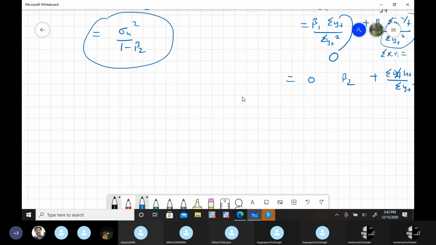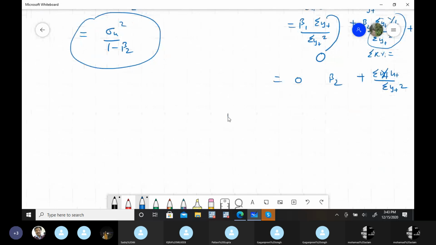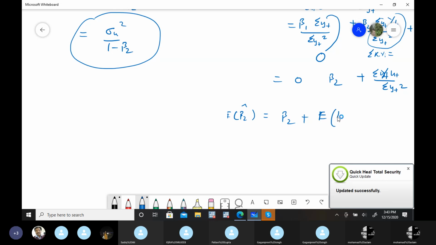And if we take expectation on both sides, the expectation of beta 2 estimate is equal to beta 2, and now we have the expectation of summation yt into ut upon summation yt square. This is a small yt because it is outside the bracket.